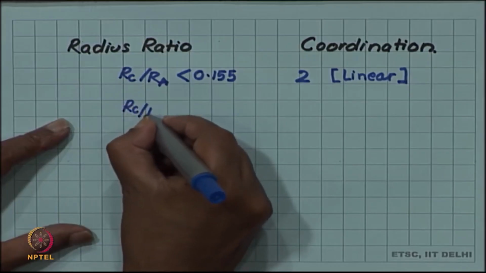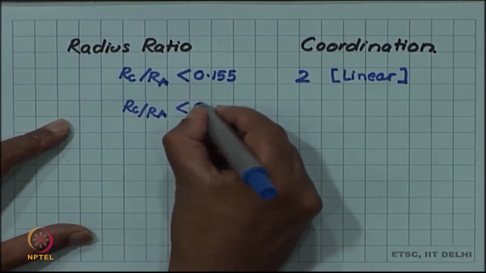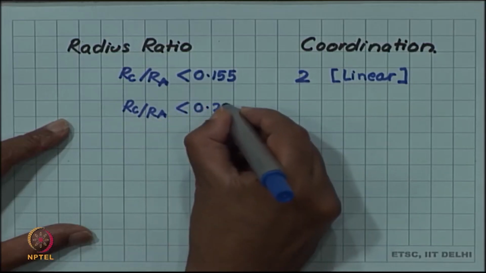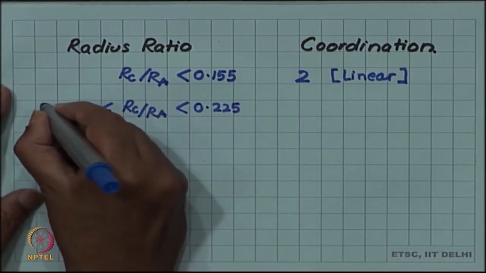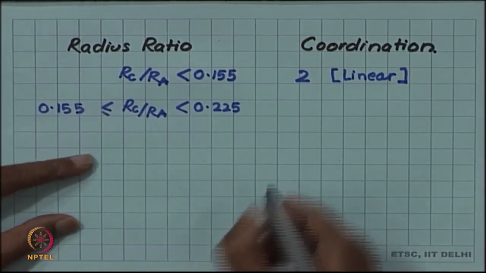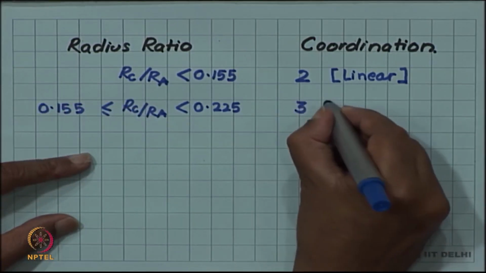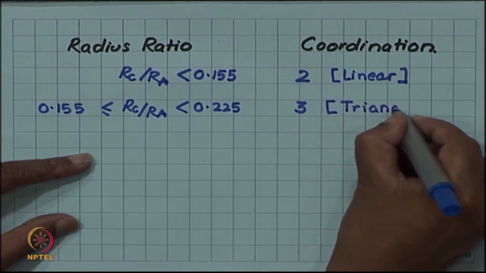The next critical value of Rc by Ra is 0.225, greater than or equal to 0.155. This gives you 3, triangular coordination.